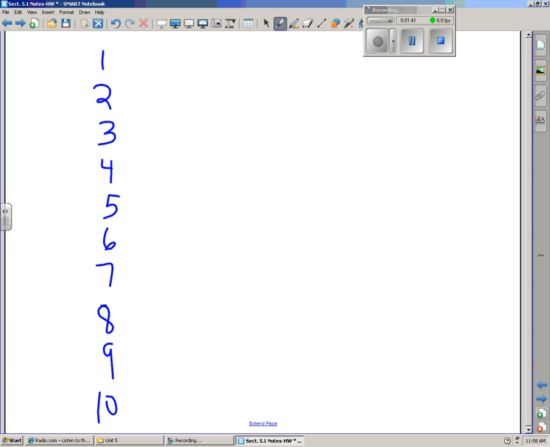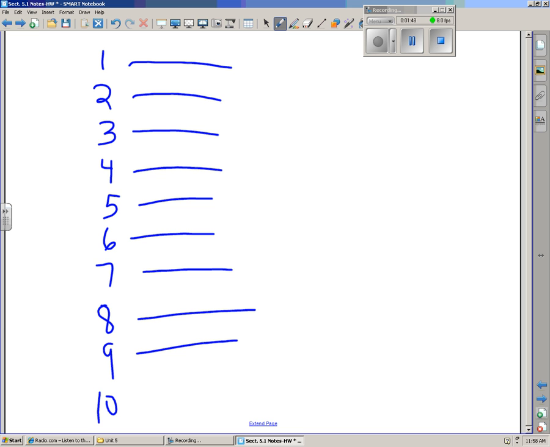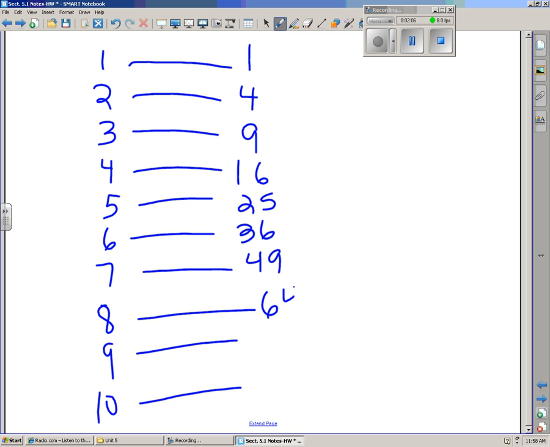When we square all these numbers, anytime you square a number, the result is considered to be a perfect square. 1 times 1 is 1. 1 is a perfect square. 2 times 2 is 4. 4 is a perfect square. And if we count by perfect squares, it goes 1, 4, 9, 16, 25, 36, 49, 64, 81, 100, and so on.